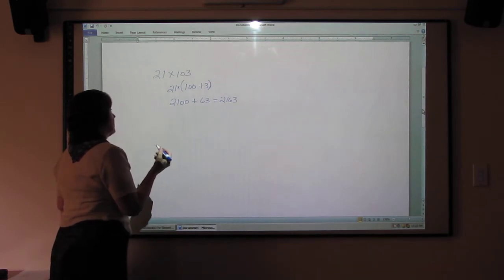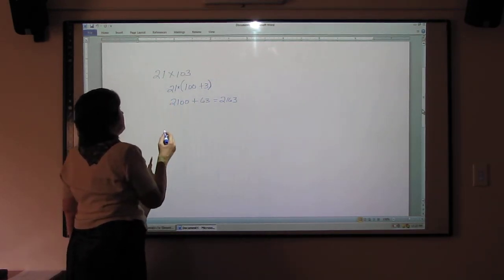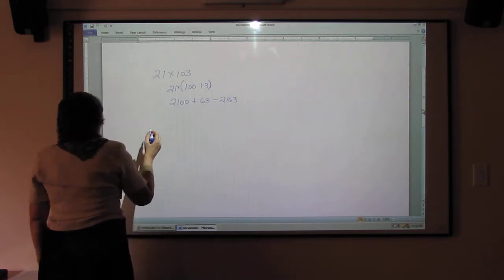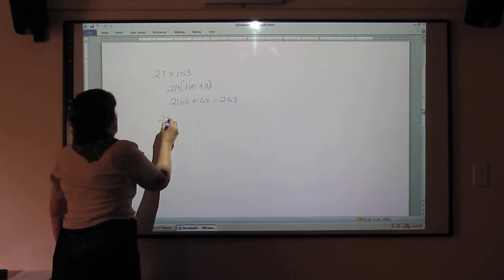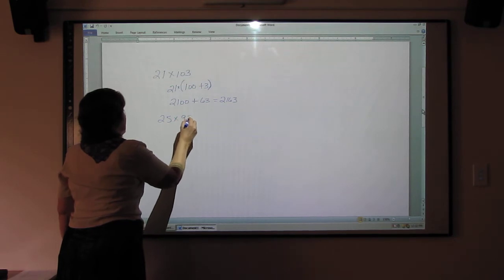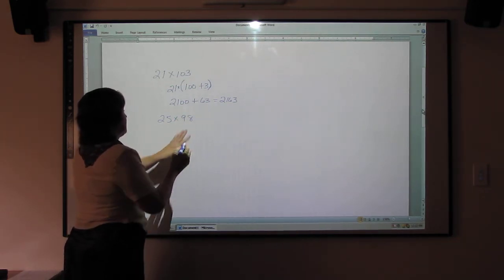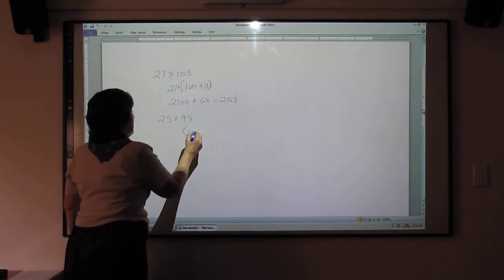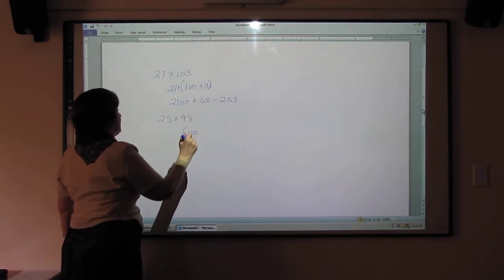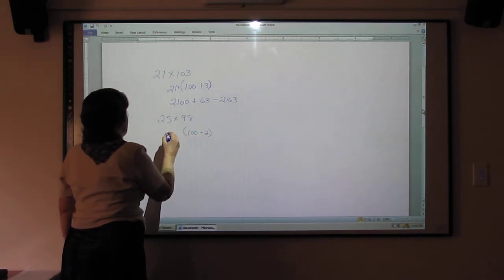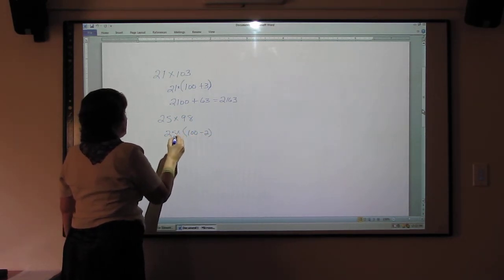This also works with a number that's a little bit under 10 or 100 or 1,000. For example, if I have 25 times 98, I can do the same thing. I can still work with this and get it to come out to 100. But in this case, instead of adding something to the 100, since this is a little bit less than 100, I'm going to subtract. Then I'm going to do 25 times this.